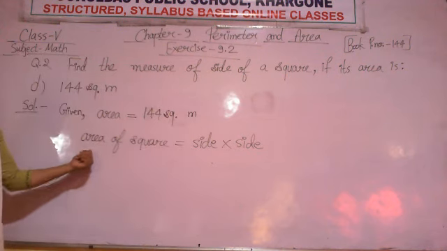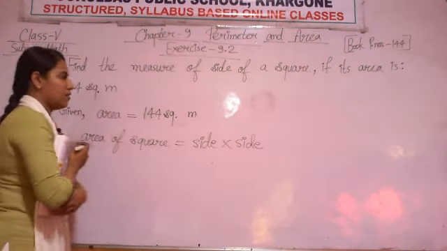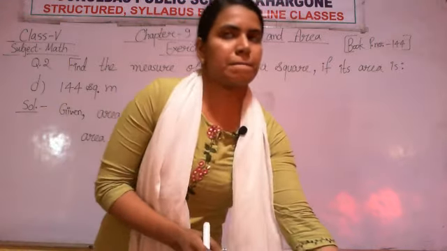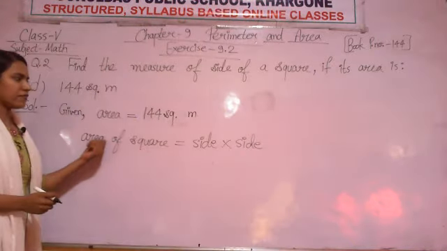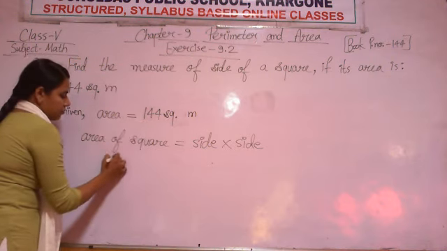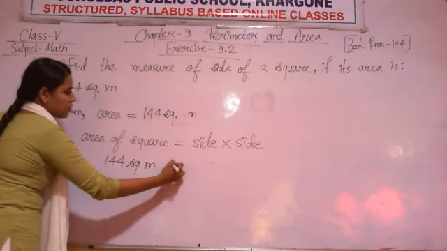Now we know the formula of the area of a square. Area of a square is equal to side into side. Now put the data which you have. You have the value of area, so put the value of area in the formula. 144 square meter is equal to.